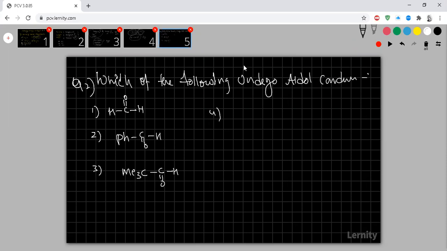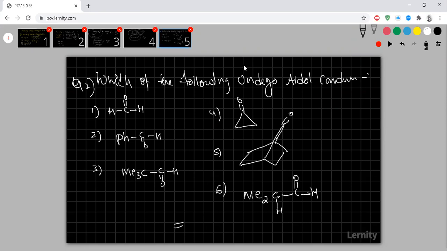And the fourth one is cyclopropanone. The fifth one, you can take some bicyclic compound like this. And the sixth one is Me2CH-CHO. So find out which of the following will undergo aldol condensation. One option may be correct or more than one option. Please select.